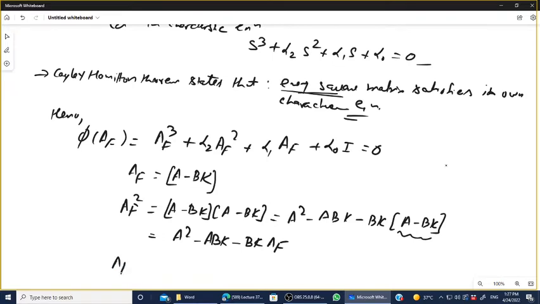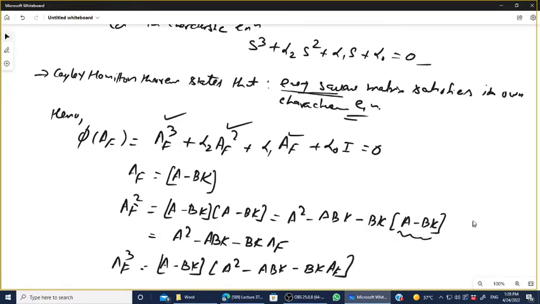And what about AF cube? Because you need the values of AF cube, AF square and AF. Now we are going to put these values. So AF cube becomes (A minus BK) into (A square minus ABK minus BK AF).